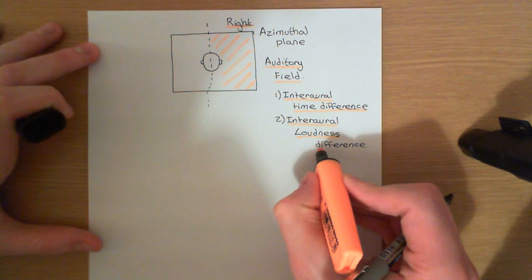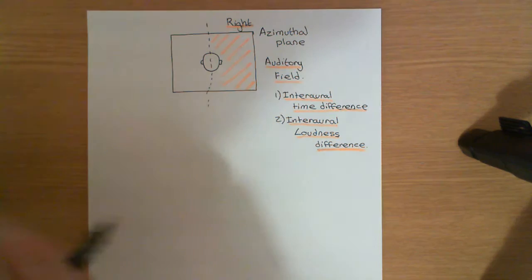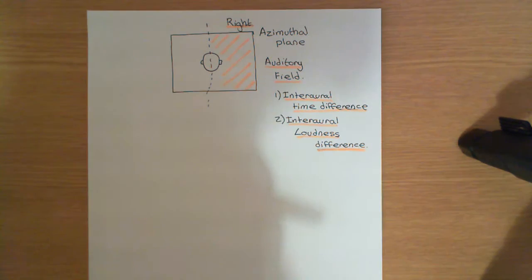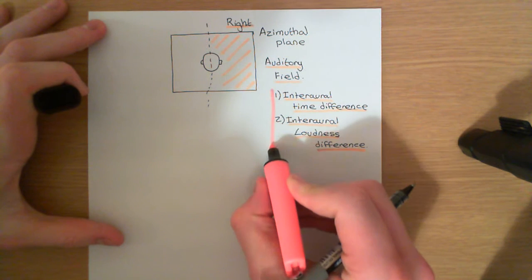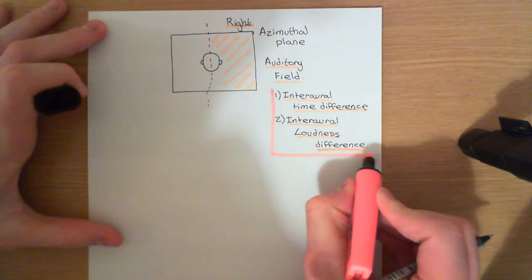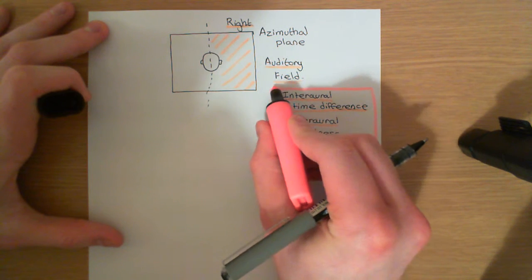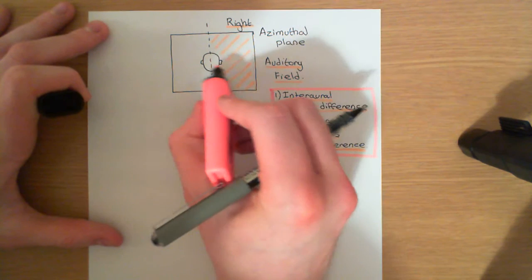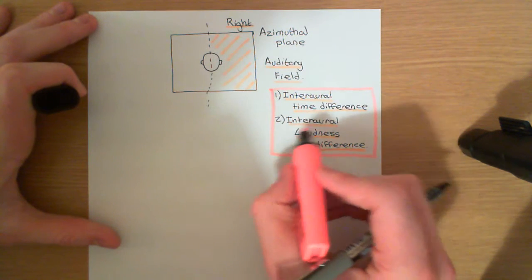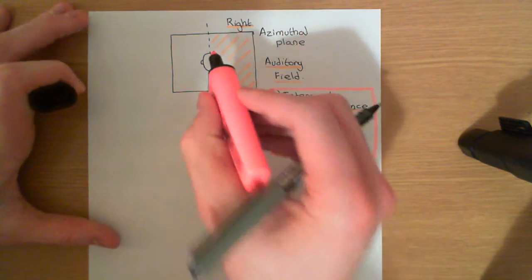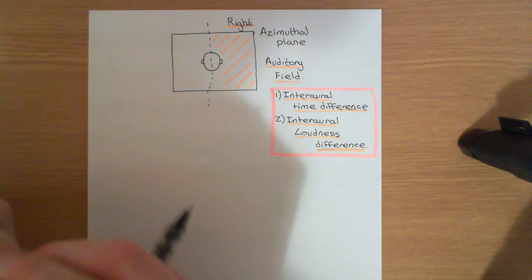That's something that I didn't point out when we were studying the physics of sound, but hopefully is something that's pretty intuitive to you from everyday experience. Okay, so sounds get weaker the further away you are. The amplitude of the pressure difference gradually dissipates with distance. So that means that because the sound has to propagate through more air to get to the left-hand ear, there's also going to be an interaural loudness difference. You're going to hear it louder in the right-hand ear compared to the left-hand ear.